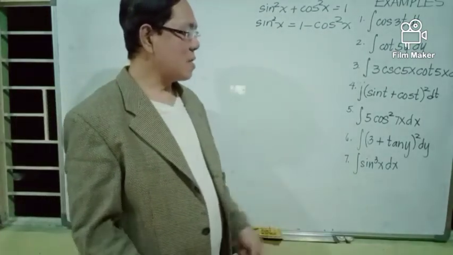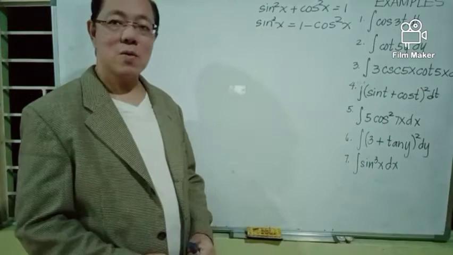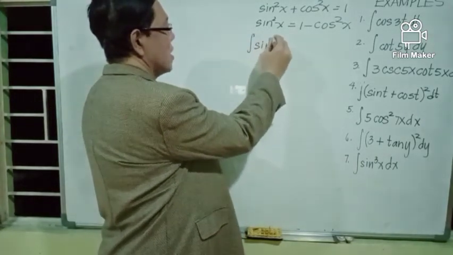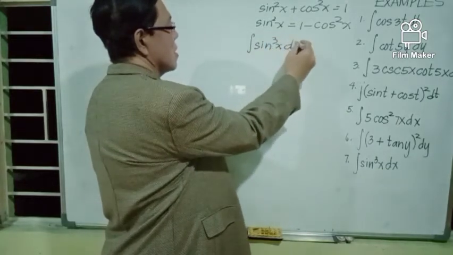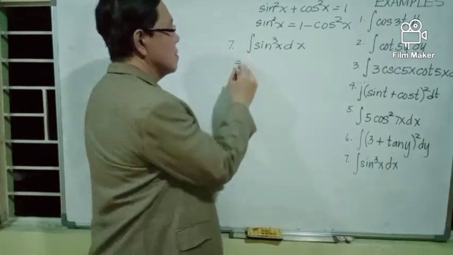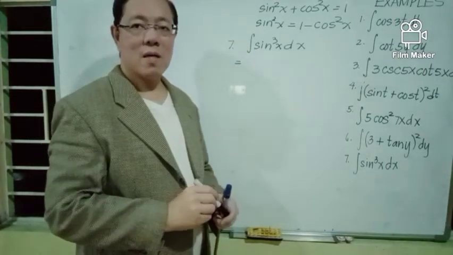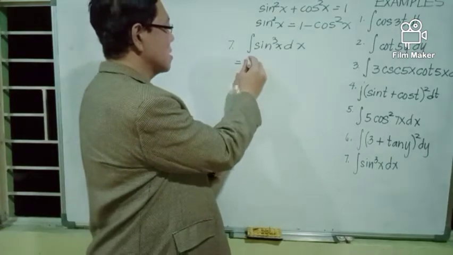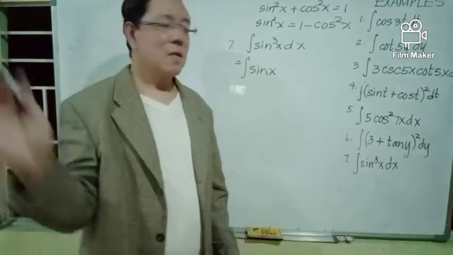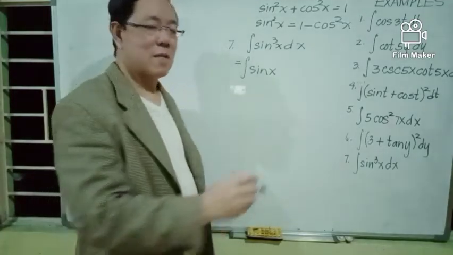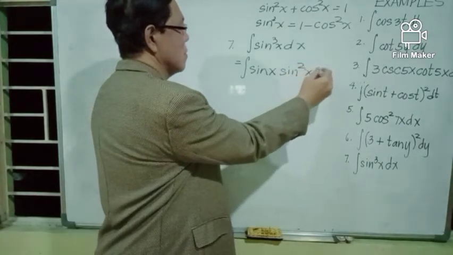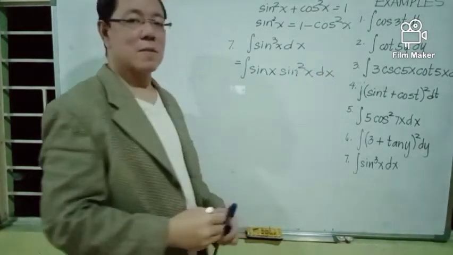And the given integral of sine cube x dx we write as the integral of sine x times the square of sine with respect to x.